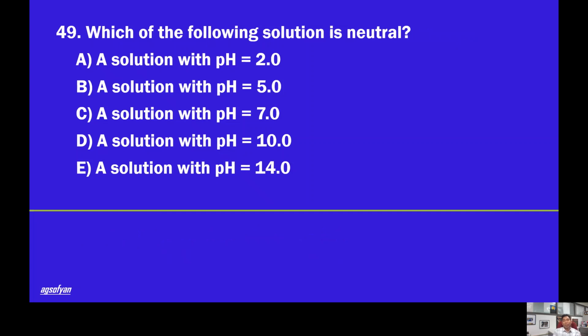49. Which of the following solution is neutral? A solution with pH 2, solution with pH 5, solution with pH 7, solution with pH 10, or solution with pH 14. Choose your answer. Yes, the answer will be solution with pH 7, which is neutral, just like distilled water.